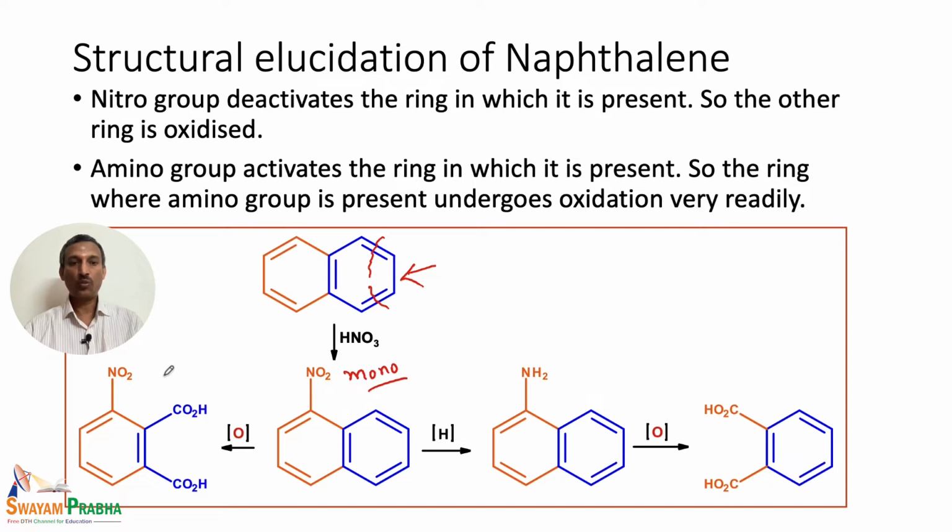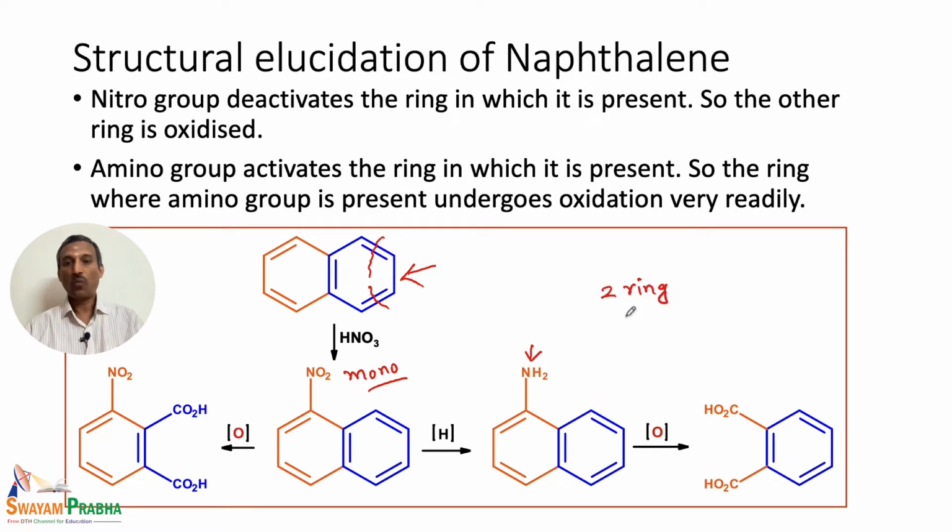So this is one type, which tells that there are two rings present here. And if the nitro compound is reduced by hydrogen, we get the amino derivative. When this amino naphthalene is oxidized, we end up with simply phthalic acid and we do not get aminophthalic acid. So this again tells that there are two rings present in this compound.